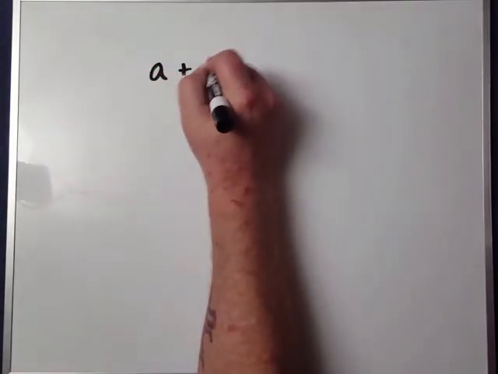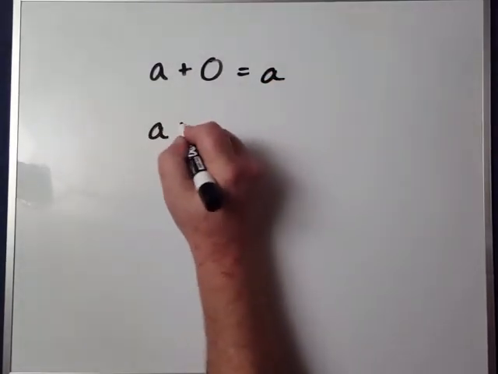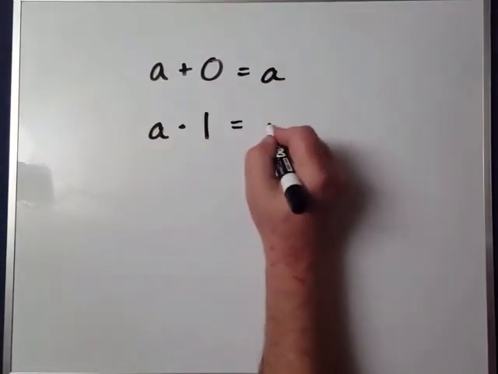On page 80, just below the center of the page, we talk about the identity properties. And basically, the identity properties simply say anything plus 0 is itself. Anything times 1 is itself.